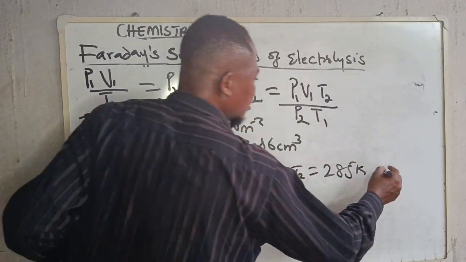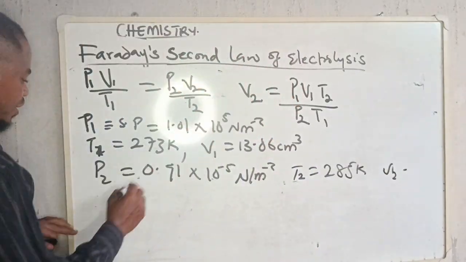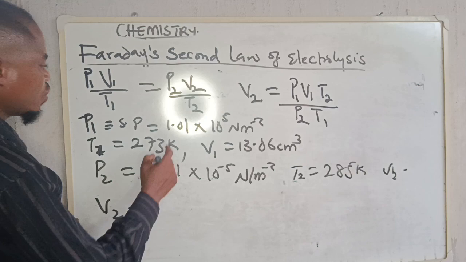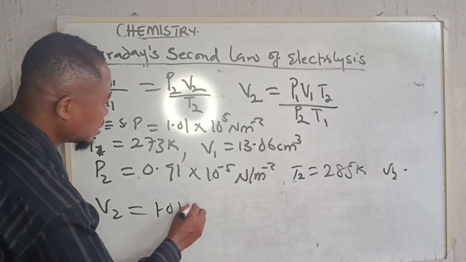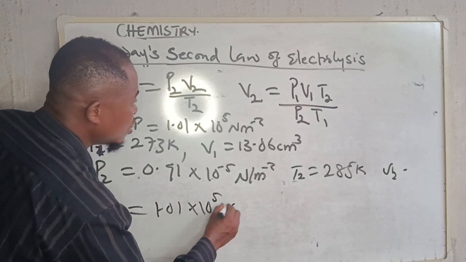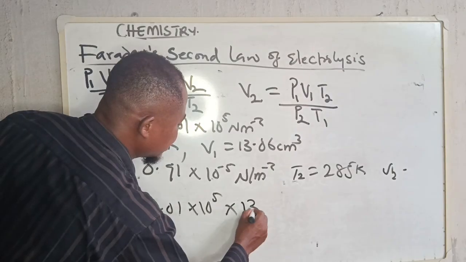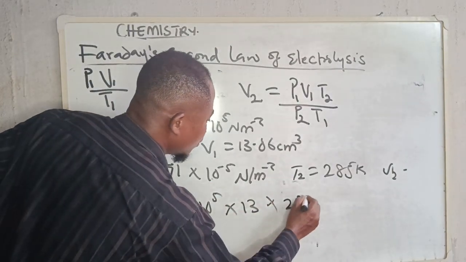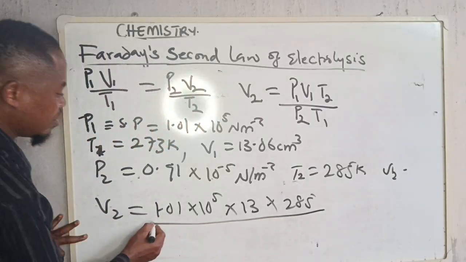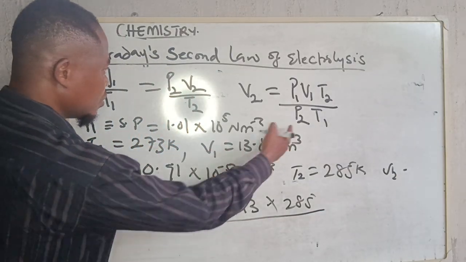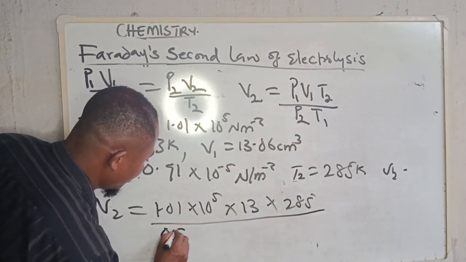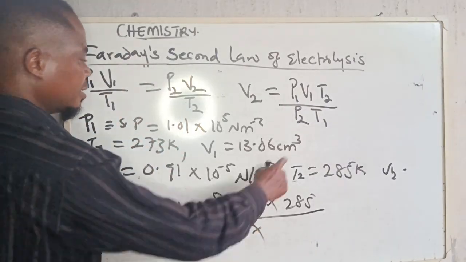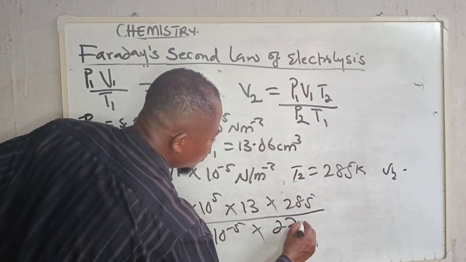Now we are looking for V2. V2 will be equal to, let's substitute this: P1 is 1.01 times 10 raised to power 5, multiplied by V1, which is 13.06, multiplied by T2, 285. We divide all of them by P2, which is 0.91 times 10 raised to power 6, multiplied by T1, which is 273.